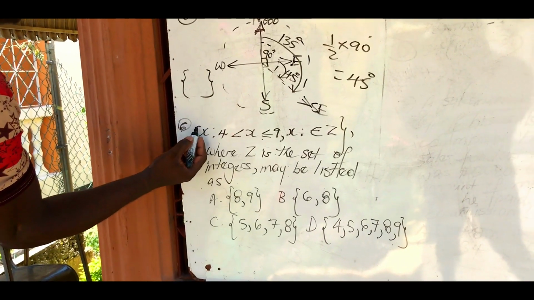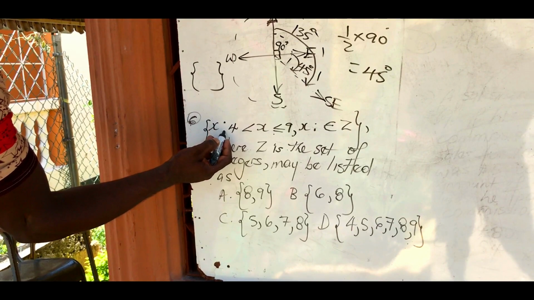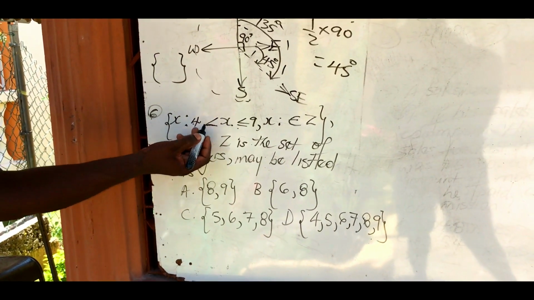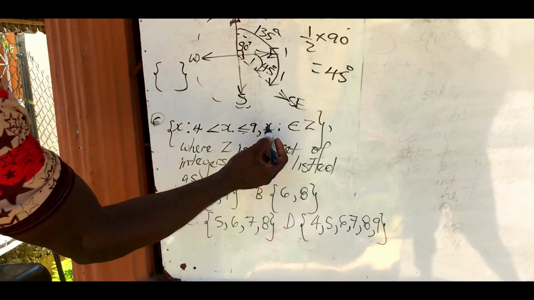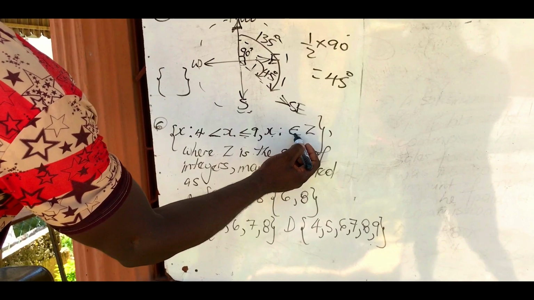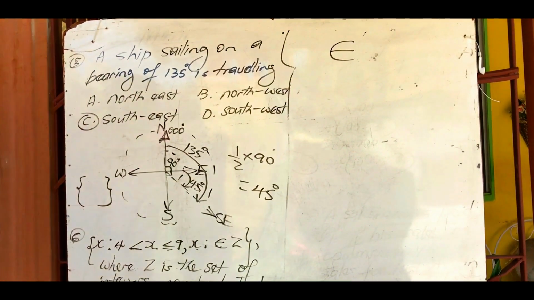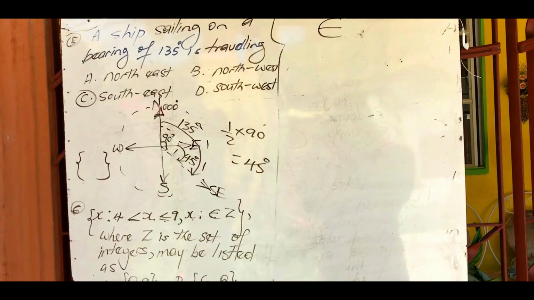So here we read this as the set of x such that x is greater than 4 but less than or equal to 9, where x is a member, because this symbol here means is a member of Z, and Z represents the set of integers.